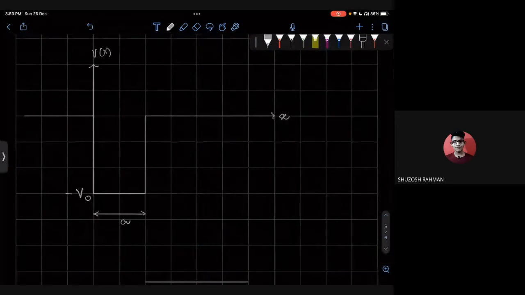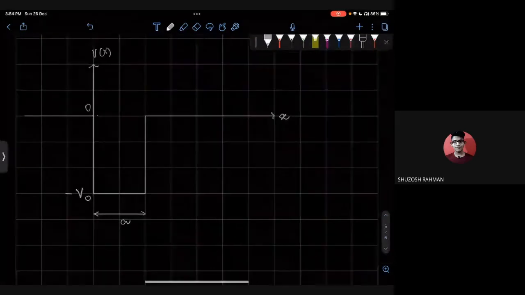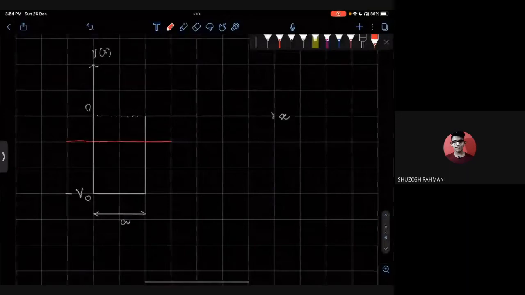This is x, this is 0. Okay, and we're looking at bound state energy. So we are looking at energies where the total energy was negative.